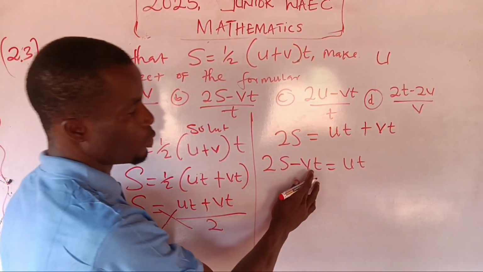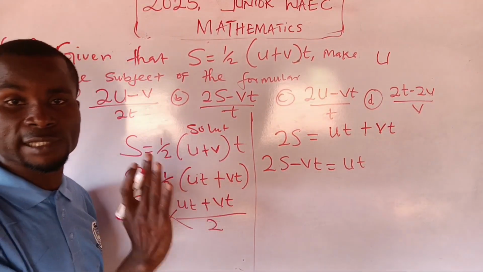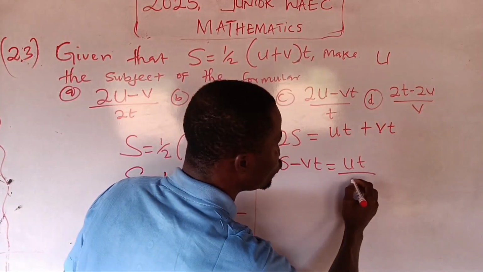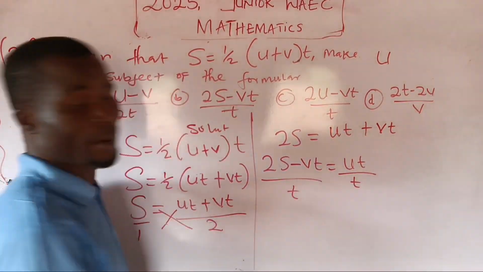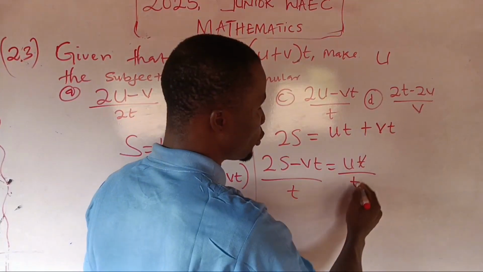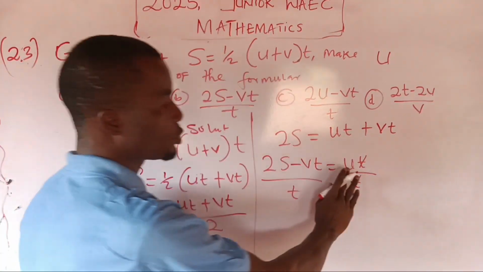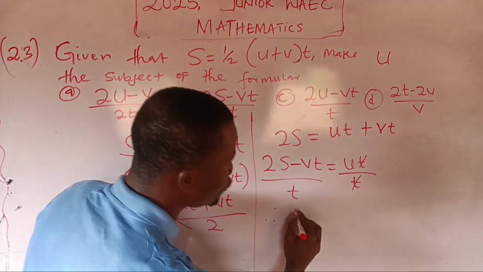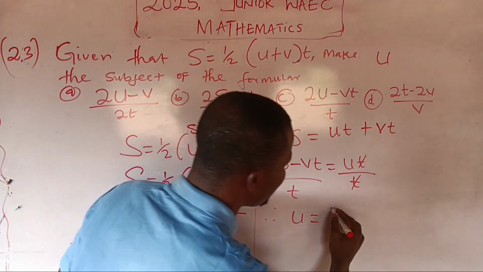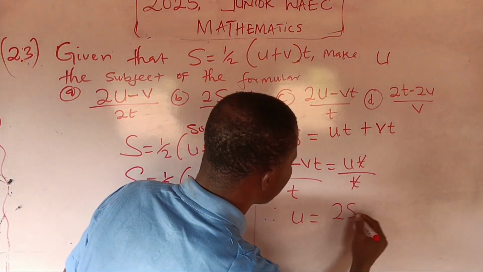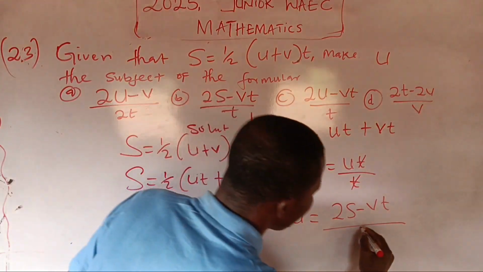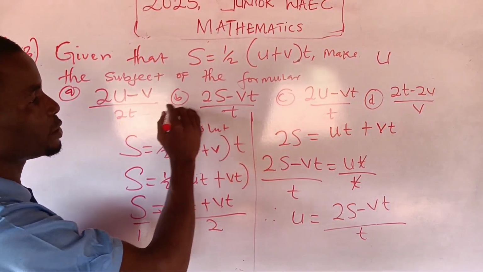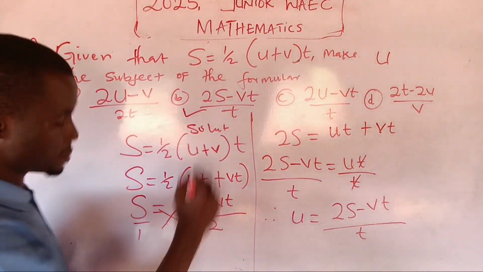Right? So what do you do now for this U to stay alone? You divide all through by T. So this T will cancel this T. So now, therefore, U is equal to 2x minus Vt divided by T. Option B is the correct answer.